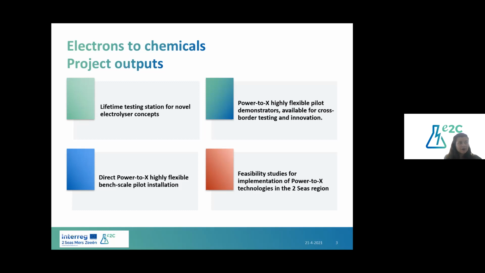We are developing and building pilot installations which are meant to be used for research, and also to be used by parties outside of the consortium, and after the project finishes, to do further research in this type of technologies.